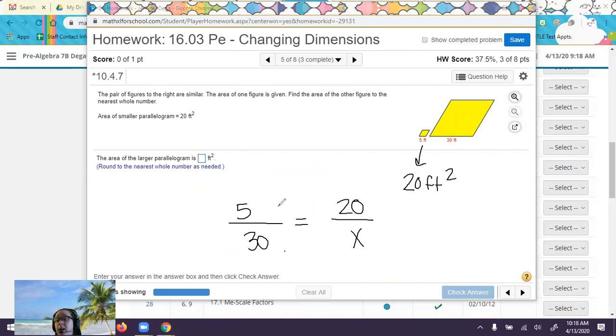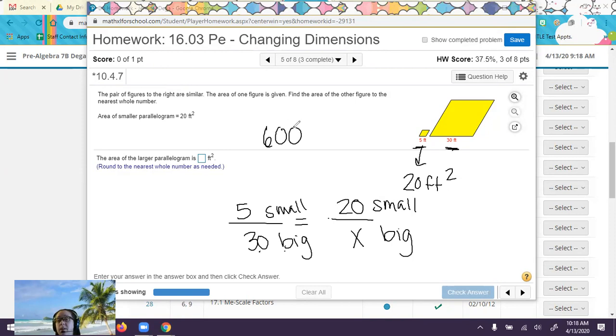And when you compare this, you're always going small to big, okay? Small side to big side compared to the small area to the big area. Then we're going to multiply. 30 times 20 gives me 600 divided by 5 is 120, I think.